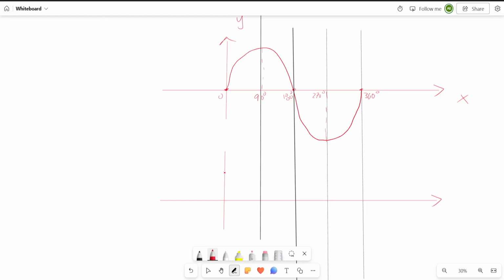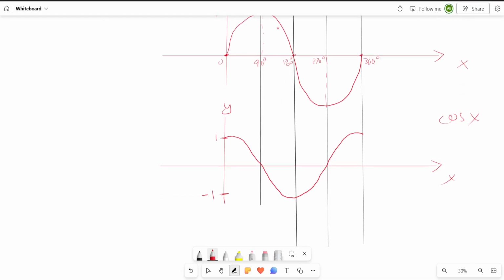Let me try and draw my cosine curve now. I know that cosine goes like this. So this is my cosine of x, this is y, this is my sine of x. I know that this is 1, this is minus 1, just like that this is 1 and the other part is also minus 1.